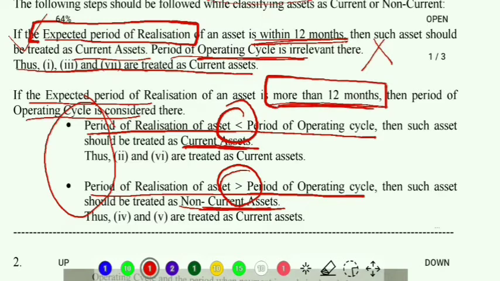Then we see whether the period of realization is less than or more than the period of operating cycle. If it is less, we classify the asset as current asset. If it is more, we classify such asset as non-current asset. Clear?